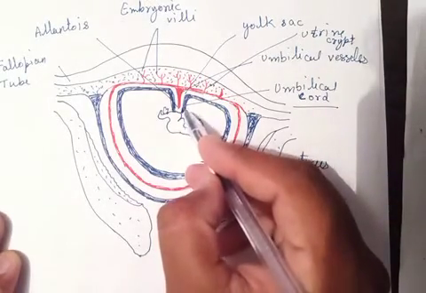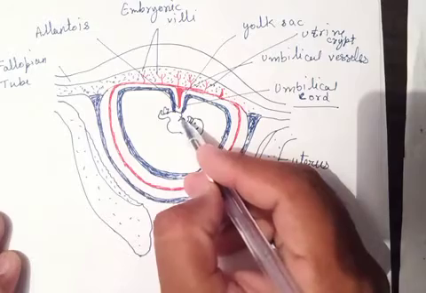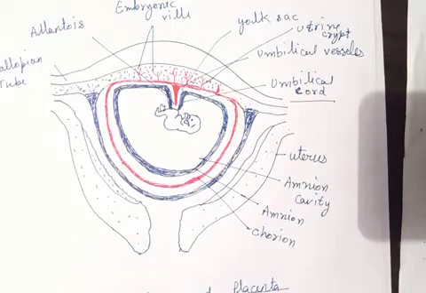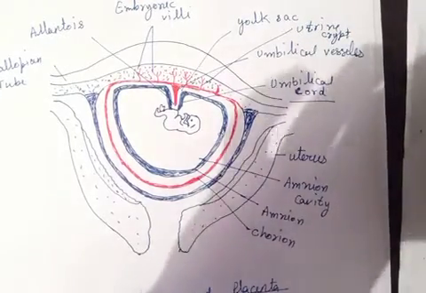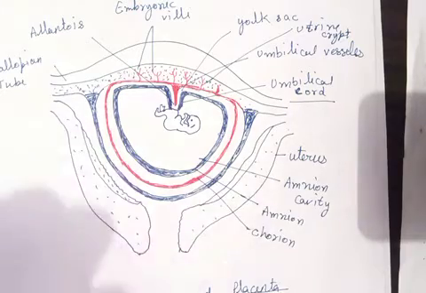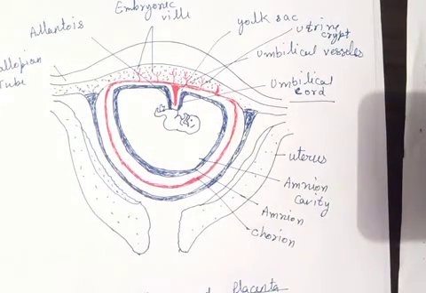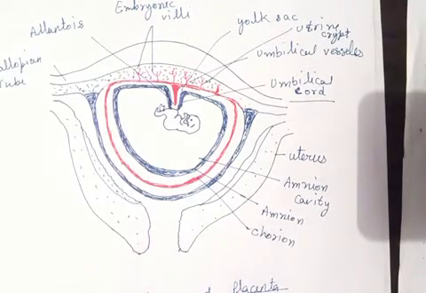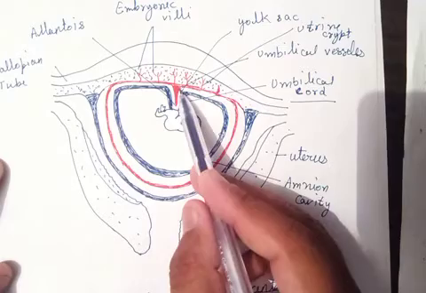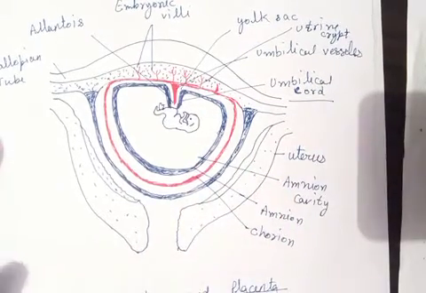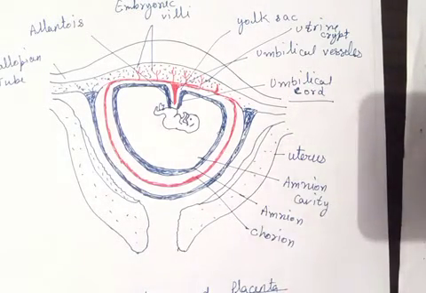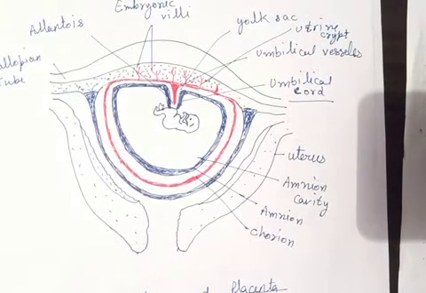This cord is bound to the embryo and acts as a suspension, meaning it carries the embryo, which is suspended in the mother's womb. Next, here the uterine crypt means the folds present in the uterus. At the site where the embryo is attached to the uterine wall, there are some crypts, some folds.